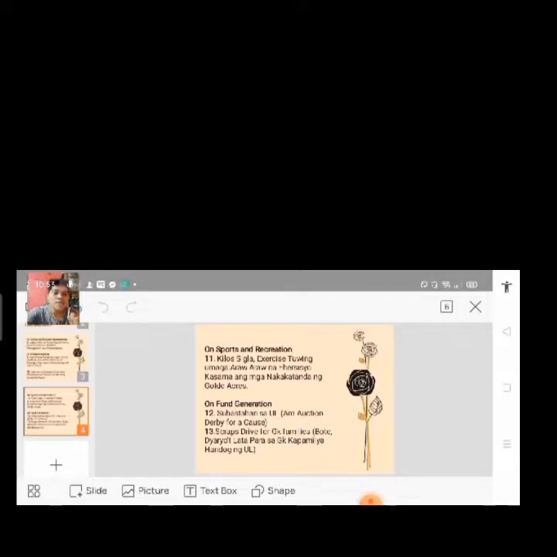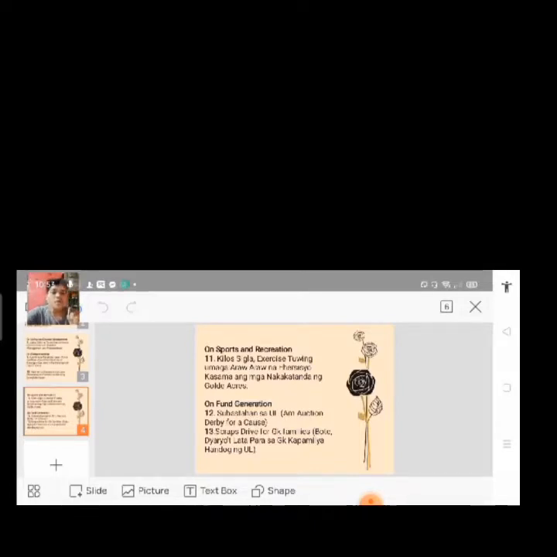Number 11, kilos sigla exercise tuwing umaga, araw-araw na ehersisyo kasama ang mga nakakatanda. Matag kaadlawon, nagapahigayon sila og exercise, zumba, kauban ang mga katigulangan or mga kabataan.